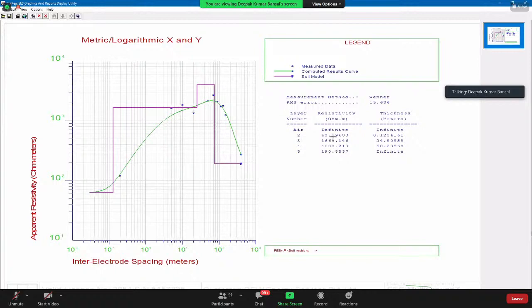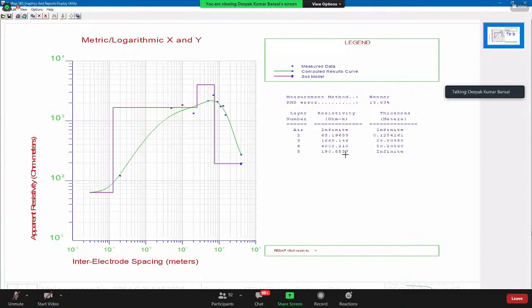First layer is 63 ohm meter, and it has a depth of only 0.12 meter, which is very little. It means it is negligible. Basically, it can be due to some error in testing. Second layer is 1669 ohm meter, which has a depth of 24 meter. And third layer is 4000 ohm meter, which has a thickness of 50 meter.